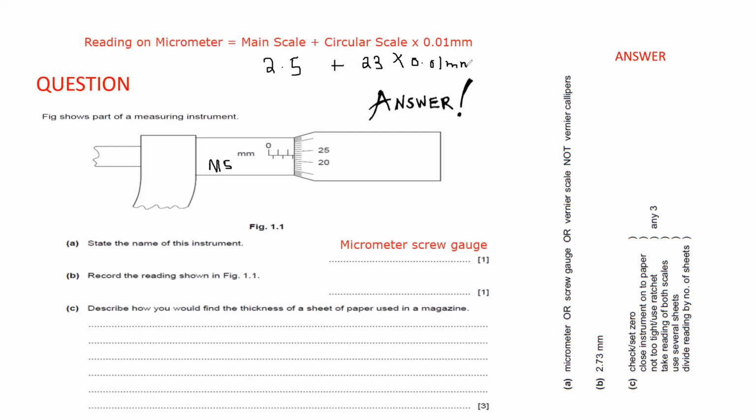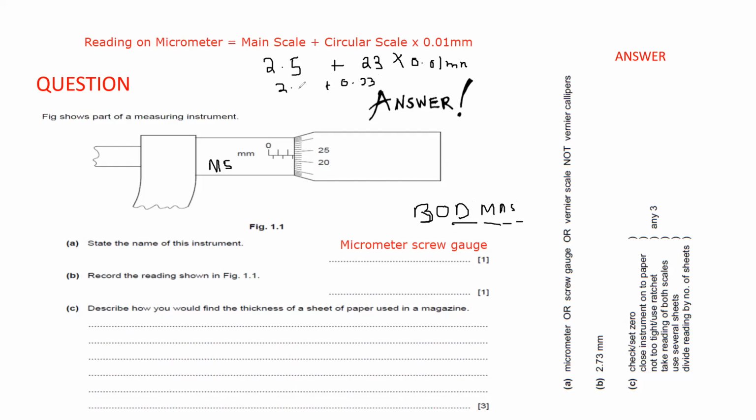Like in maths, you have studied BODMAS: brackets, division, multiplication, addition, subtraction. So first we should do division, but there is no division. Then we should do multiplication. So 23 multiplied by 0.01 comes out as 0.23.